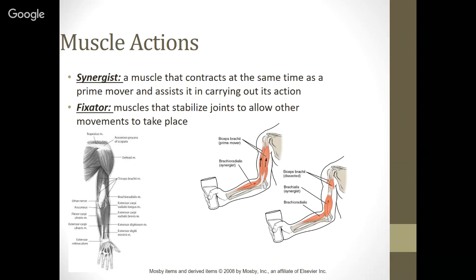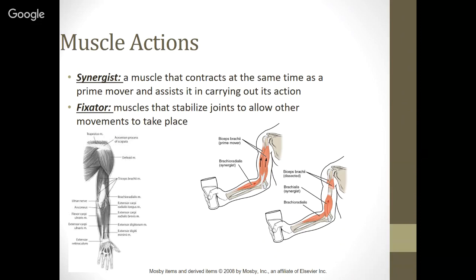So when you lift a glass, you are having a major muscle movement of your biceps brachii, which is the prime mover, and your brachioradialis, which is a smaller muscle on your forearm, is helping the action of raising the glass, and that becomes the synergist. A fixator is a muscle that stabilizes the joint to allow other movements to take place.